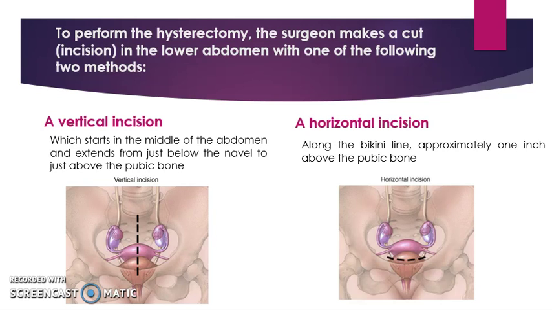A vertical incision starts in the middle of the abdomen and extends from just below the navel to just above the pubic bone. A horizontal incision along the bikini line approximately 1 inch above the pubic bone.